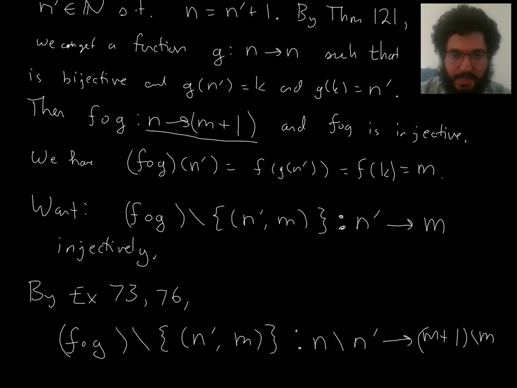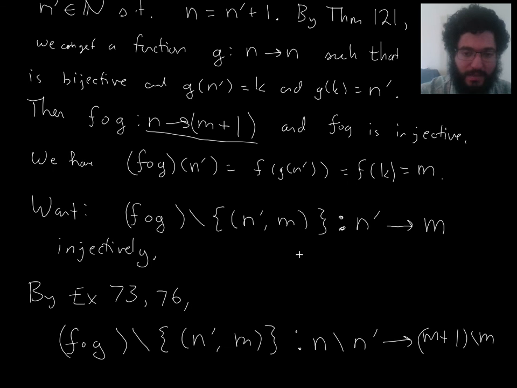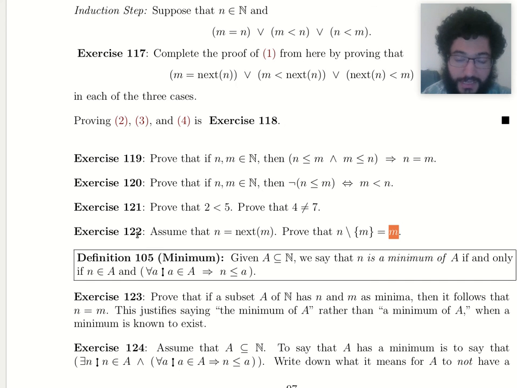So this is just that statement that if I take this box of stuff, which is 0 through m, this is called m plus 1, and then I remove m so that I'm left with just the part that is circled in red here, then that's m. So according to that result, this is n prime and this is m, since n prime is the predecessor of n and m is the predecessor of m plus 1. So that was exercise 122.